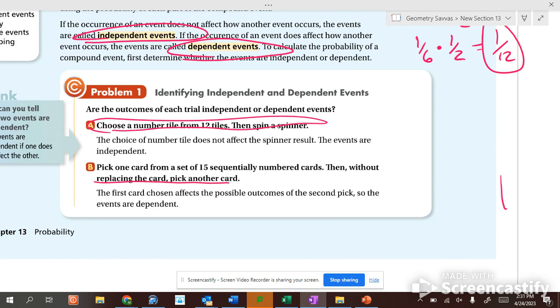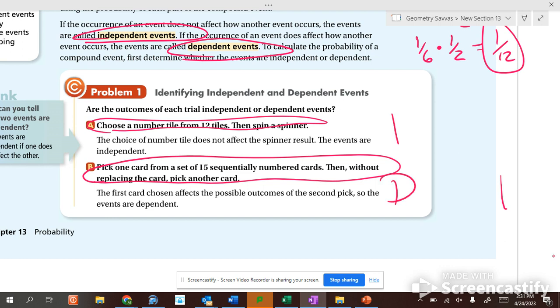But if you pick a card from a deck of cards, and then pick another card, the second card depends on the first card pick. Because if you pick the ace of spades, can you pick the ace of spades again? No. So the second pick depends upon the first pick unless you put it back. Okay? So this is like a dependent, but this is an independent.